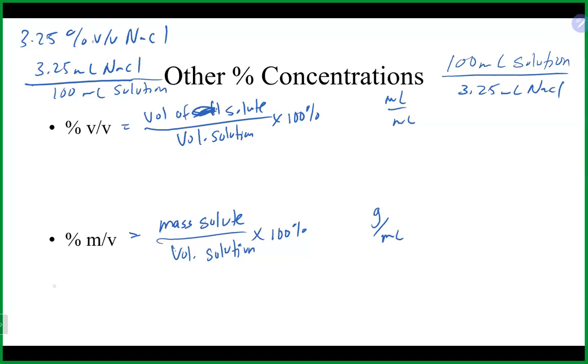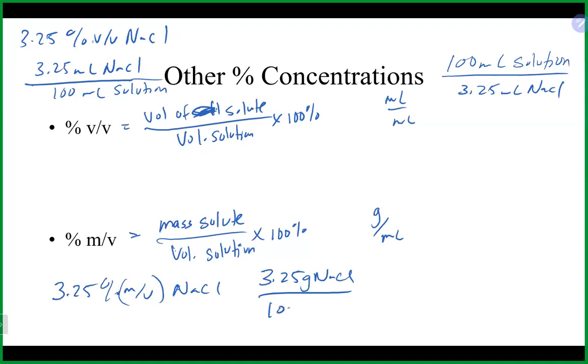And if you had a 3.25% mass to volume, that would mean that you had 3.25 grams of sodium chloride in 100 milliliters of solution. Or in 100 milliliters of solution, there is 3.25 grams of sodium chloride.